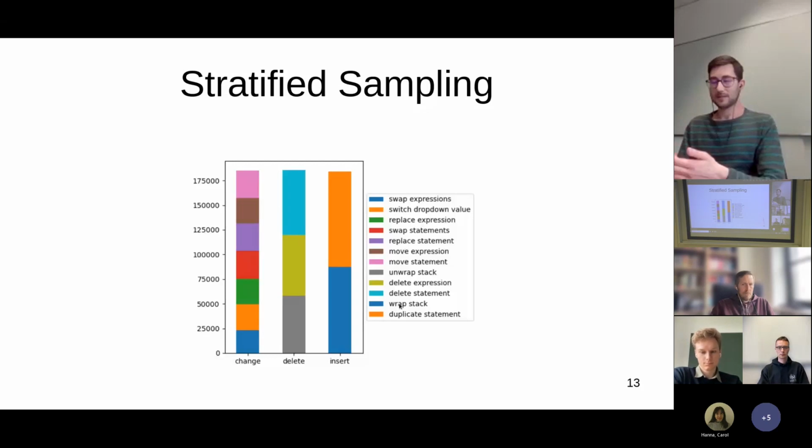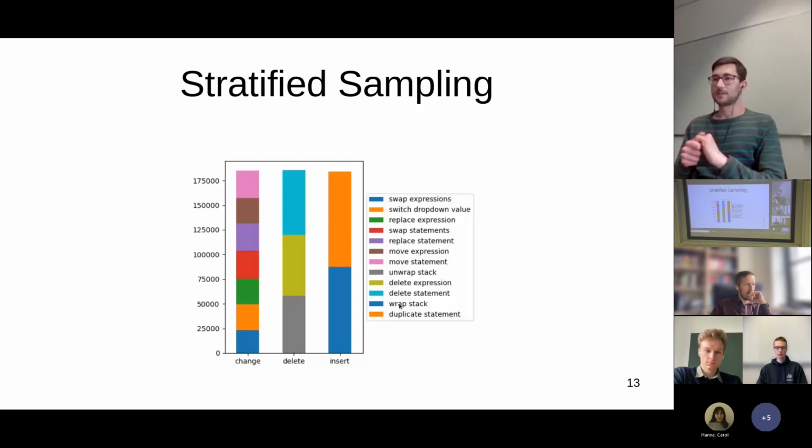So instead, I use something called stratified sampling, which means I choose every mutation category with the same probability. So change, delete, and insert with probability 1/3. And within each category, I select every operator with the same probability.